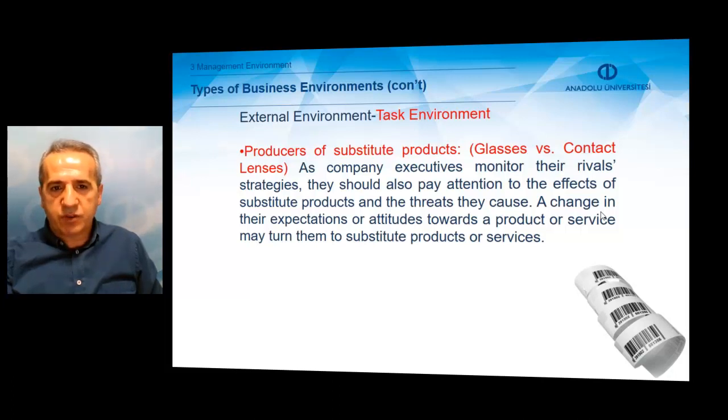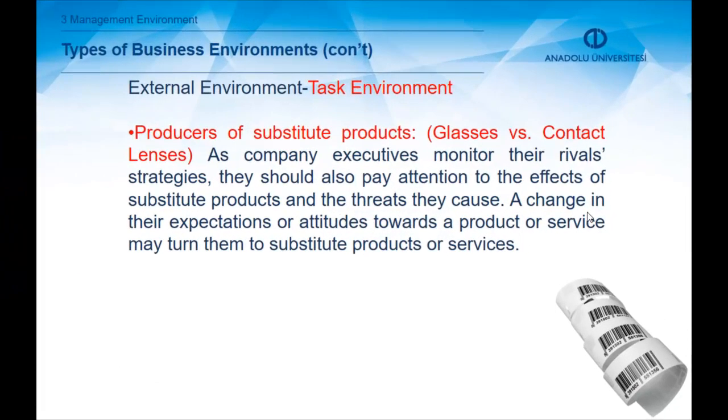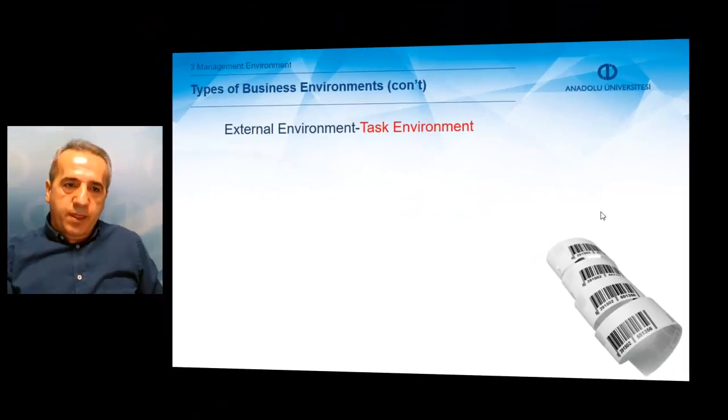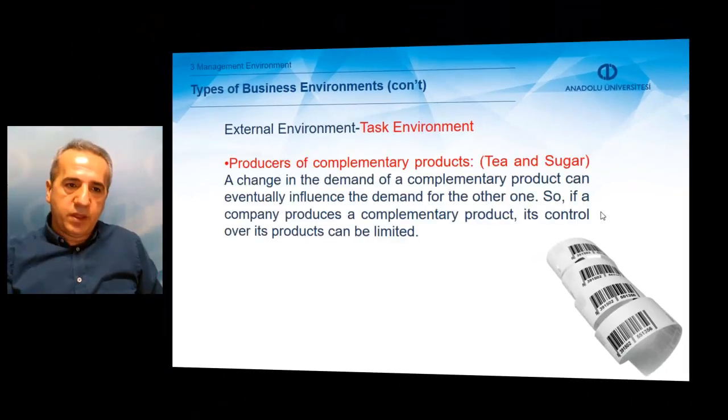As company executives monitor their rival strategies, they should also pay attention to the effects of substitute products and the threats they cause, right? If, for example, the industry of one of your substitute products grows, you need to be very, very careful about these developments. The last item within the task environment is the producers of complementary products.